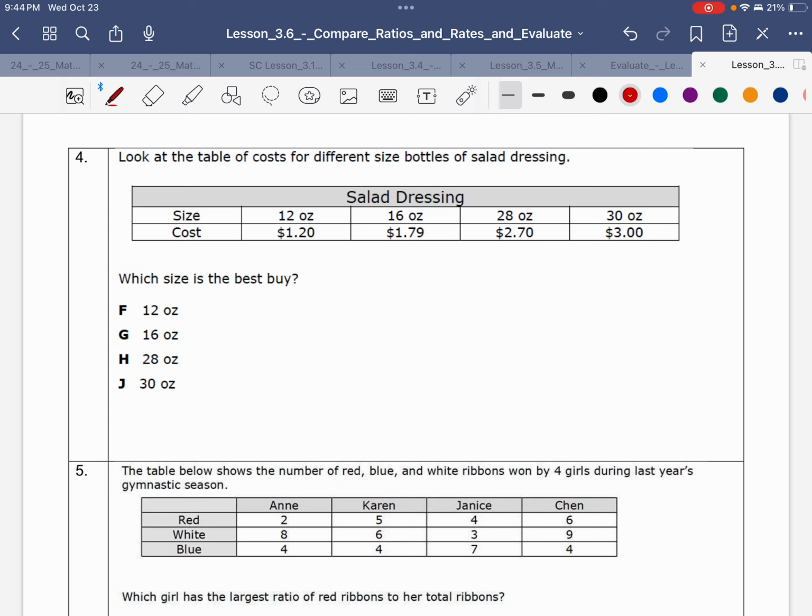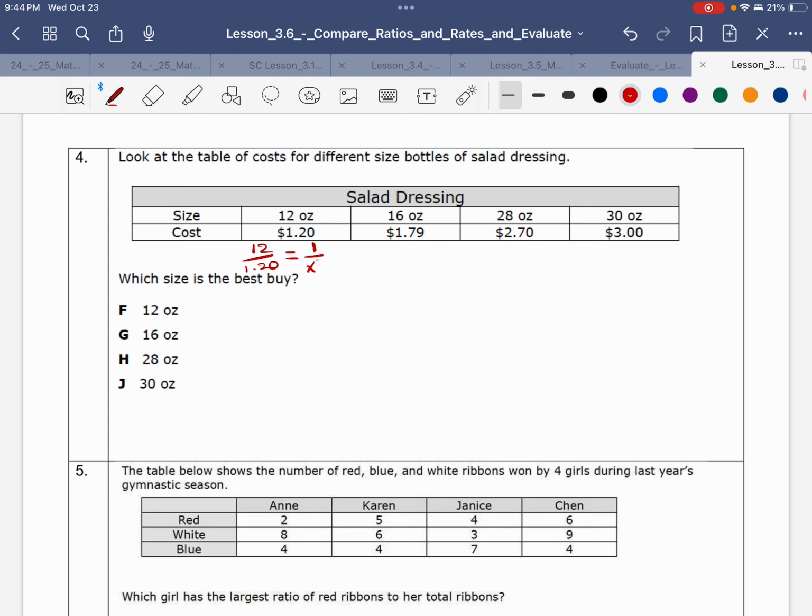Again, we're trying to get our ounces to see how much per ounce. So if we write this out, 12 for 120, right? We can see how much is in 1 ounce. This is 12 ounces. We're trying to see how much is in 1 ounce.